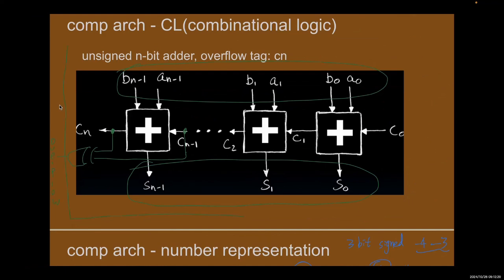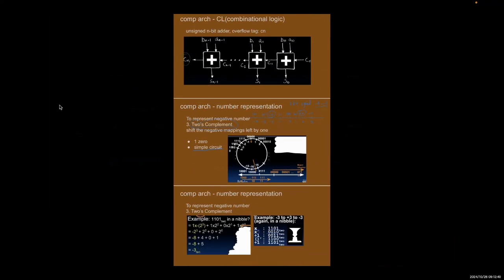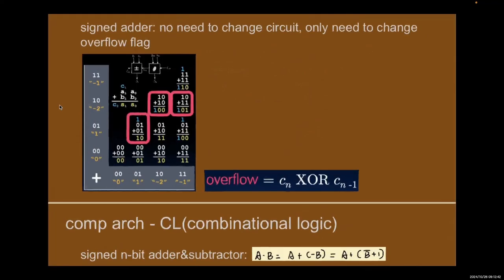So this becomes the black box, and this is the overflow flag. This is for signed numbers, okay? And for unsigned numbers, this is just the overflow bit. Is that clear? Yeah.